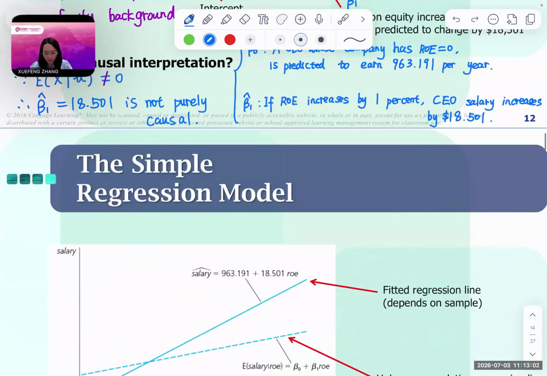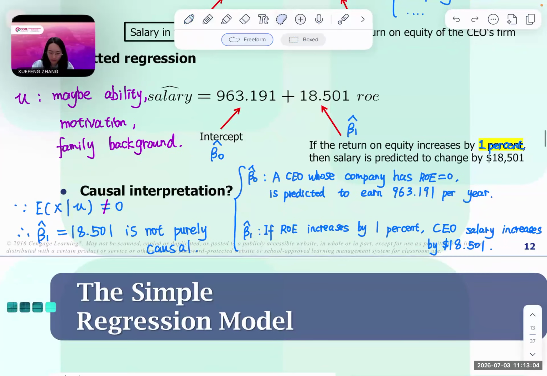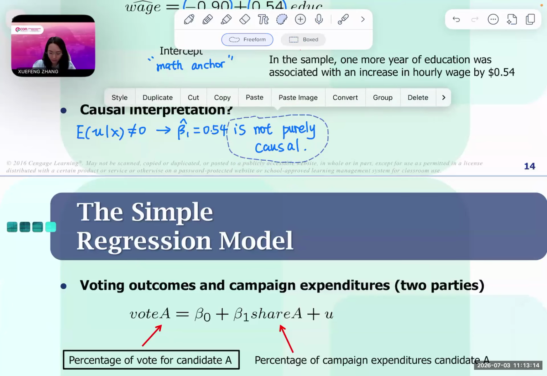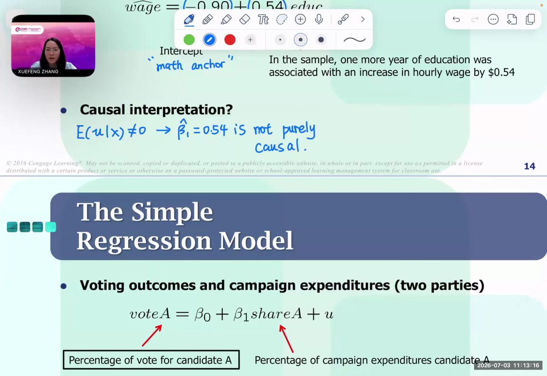Let me show you. Here, the same. It's not a purely causal interpretation. So the true causal effect of education alone is probably smaller.